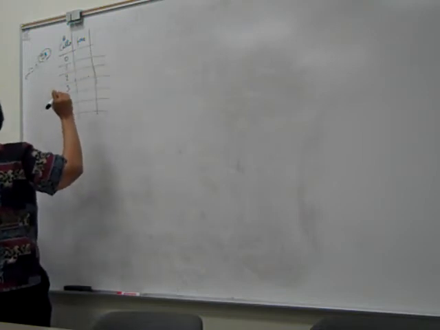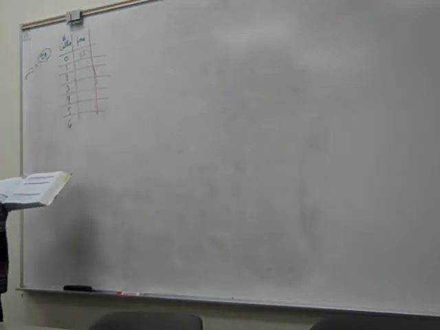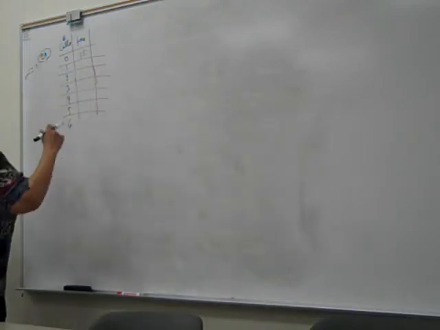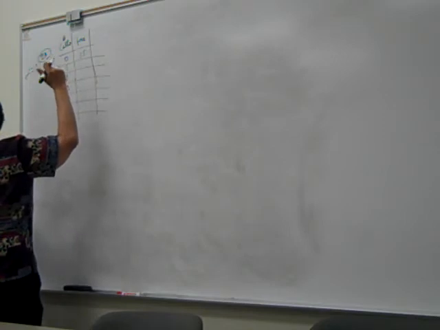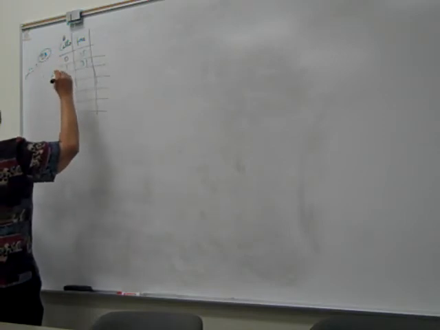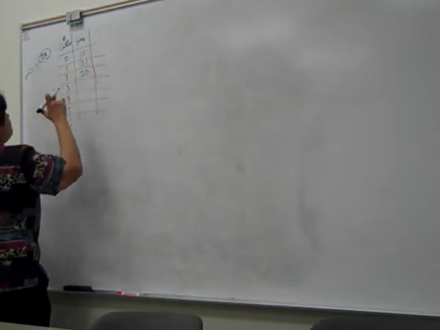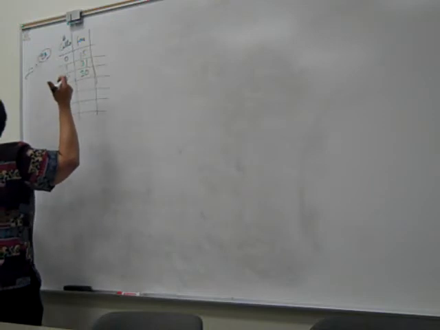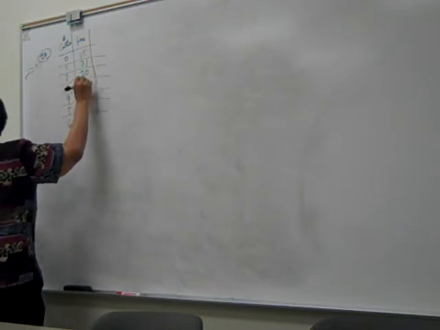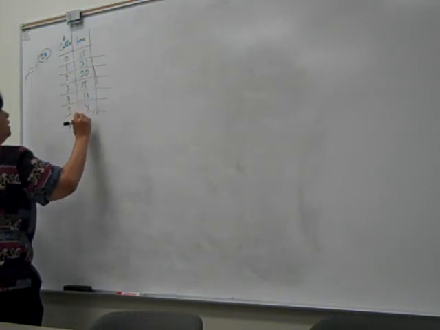And for the frequency, 15 times there was no call. 31 times, only one in that minute. 20 when we have 2 calls in 1 minute. 15, 13, 4, and 2.